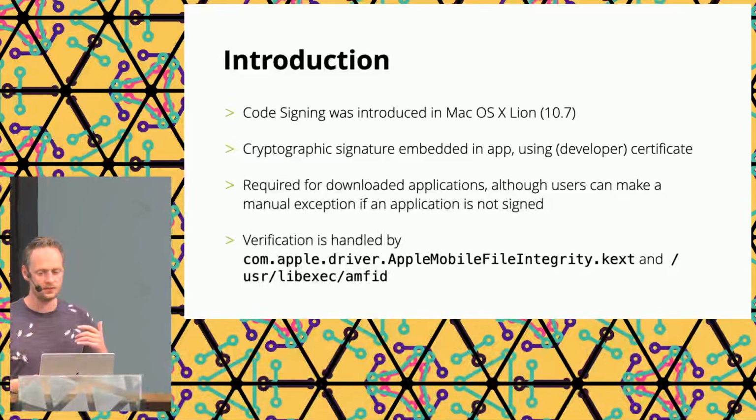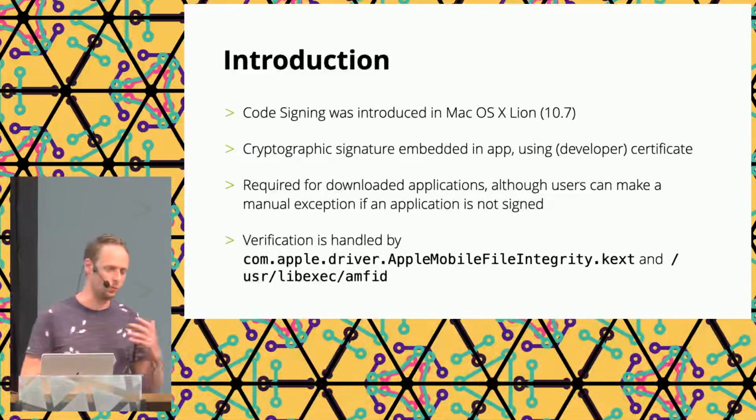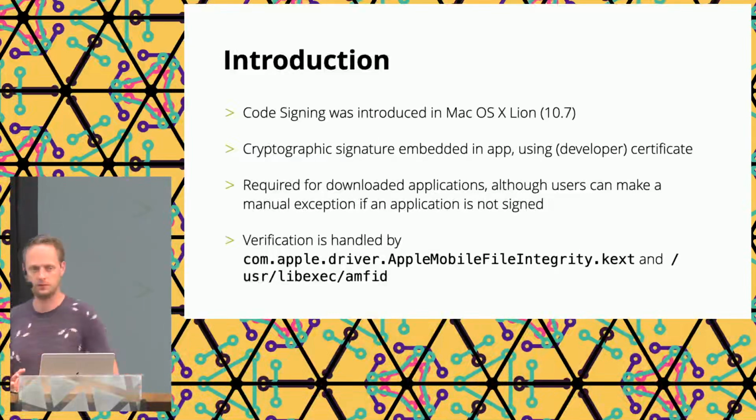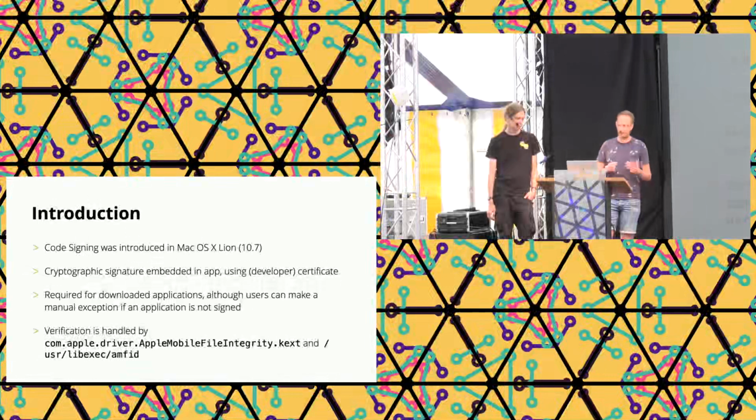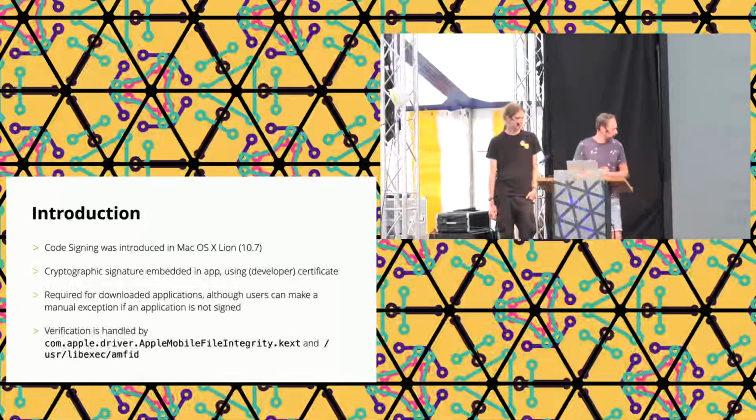So if you want to run an unsigned binary, the user first has to accept that by going to the system privileges and saying that they want to run the binary. It's not actually mandatory for everything, but most applications will have a valid signature. The verification for this is handled by a kernel extension and the AMFI daemon, which is a user space daemon.